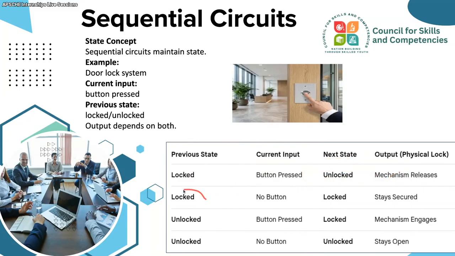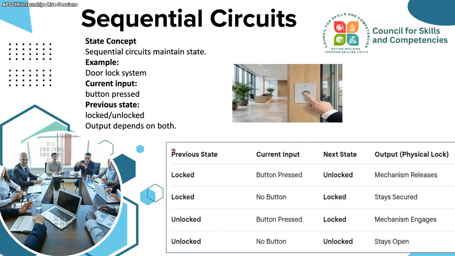When the previous state is locked and we are not pressing the button, please try to understand, the next state is going to be locked only. Here, since the button is pressed, it is unlocked. But here, it is locked only because the button is not pressed. By these two combinations, it stays secured. This is what you guys want to understand.